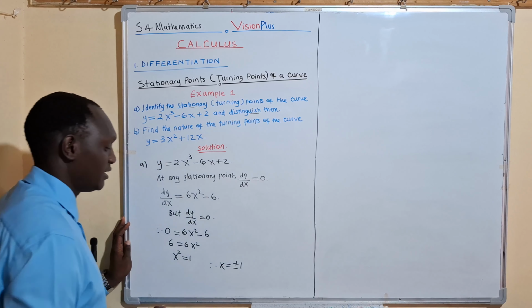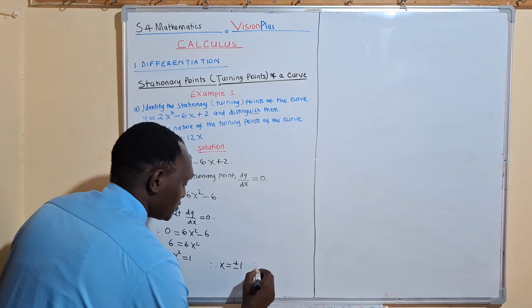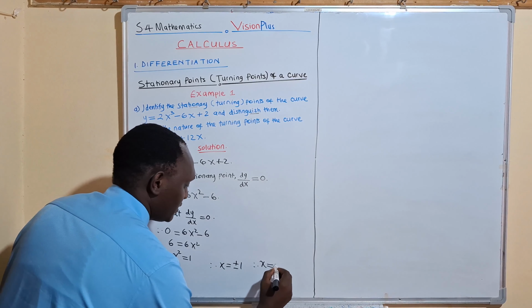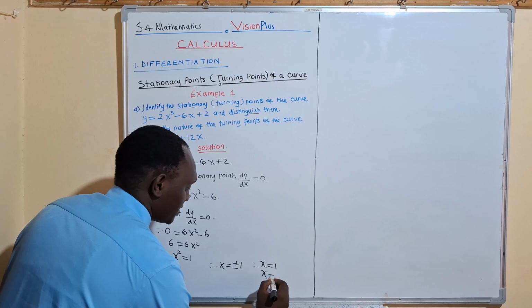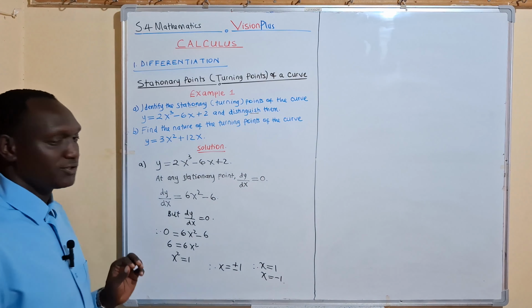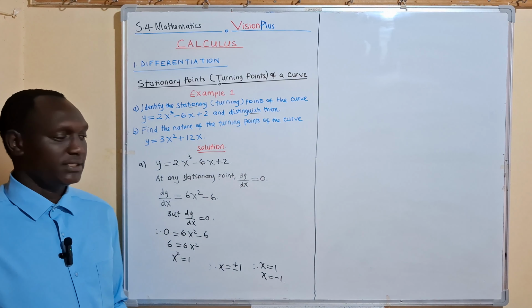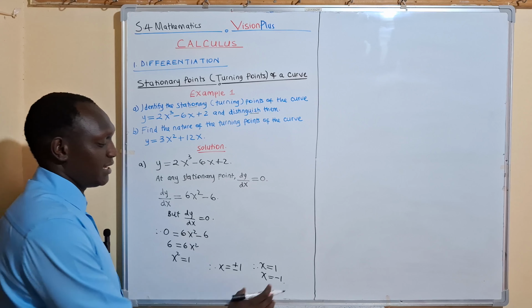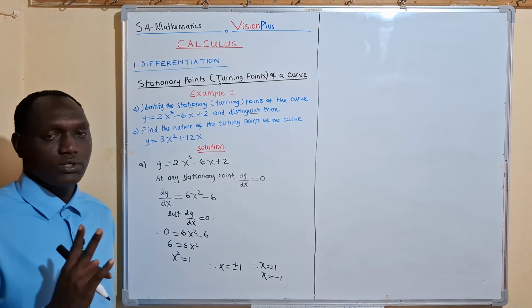So, the first value of x is 1, positive, and the second value of x is negative 1. These are the two values of x at the turning point. What does it mean? It means that here we have two turning points.